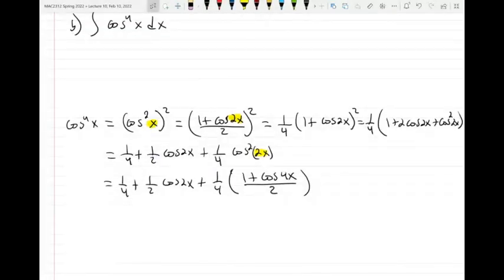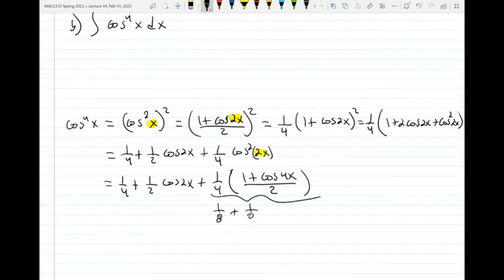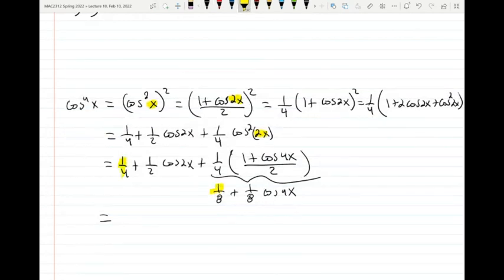And now notice that we basically are done because we know how to integrate this, right? There's no power, and we know how to integrate this thing. So I'm just going to clean it up now. So this piece right here becomes 1 over 8 plus 1 over 8 cosine of 4x. And so we can combine this 1/4 with this 1 over 8 to give us 3 over 8 plus 1/2 cosine of 2x plus 1 over 8 cosine of 4x.